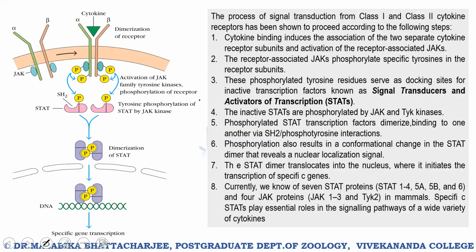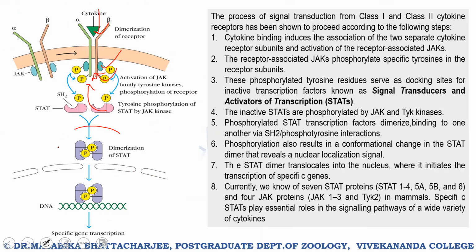This is another very simplified picture of the same signaling pathway. A cytokine receptor, Janus kinases are phosphorylated, phosphorylating the tyrosine residues on the receptor. STAT molecules are recruited here, and STATs are phosphorylated on the tyrosine residues.